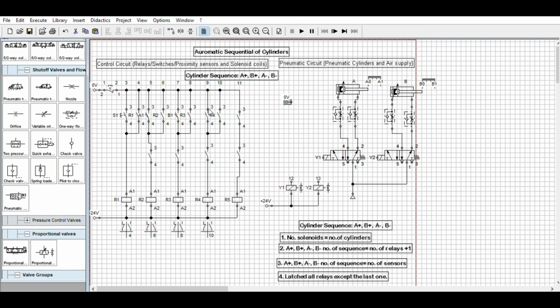So A0 triggers retraction of B1. And in turn B1 will hit the B0. Okay.